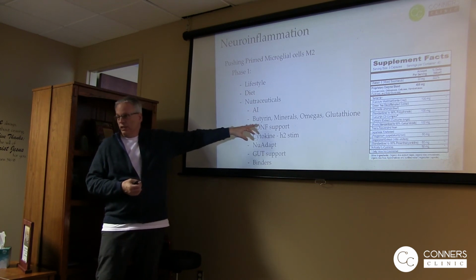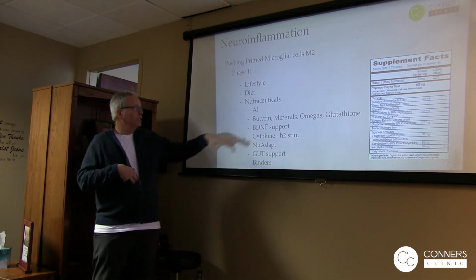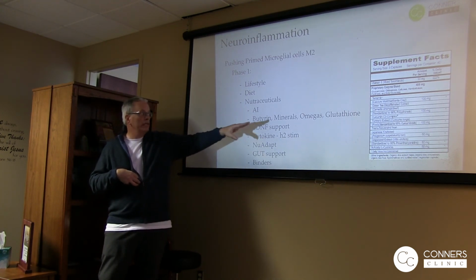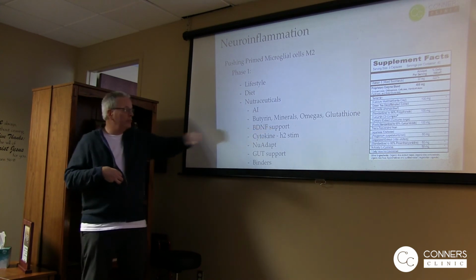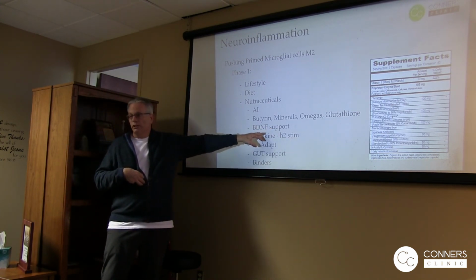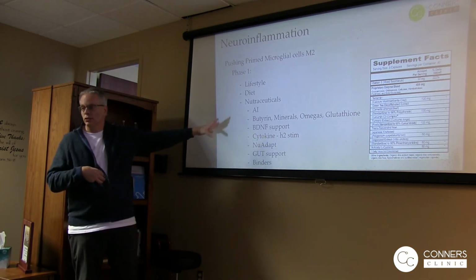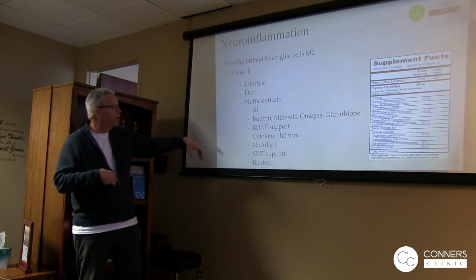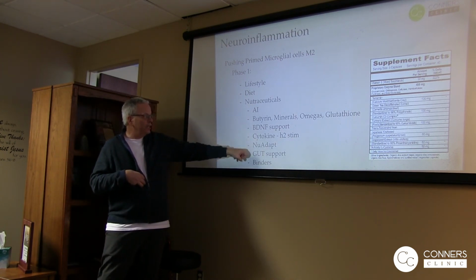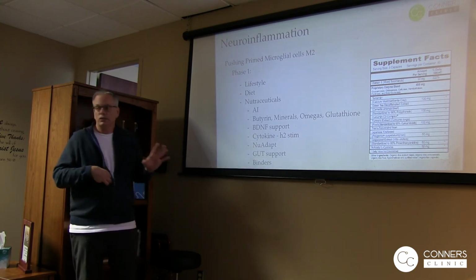Butyrate is another product that you could use to help heal the gut. Different minerals can be beneficial. Omegas and glutathione are very beneficial. Brain-derived neurotrophic factor support: all these things do support brain-derived neurotrophic factor. Cytokine support: anything that will decrease Th1 cytokines.